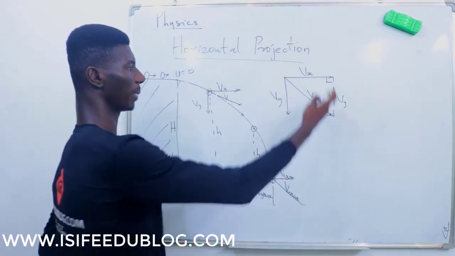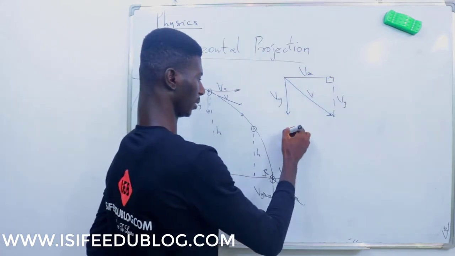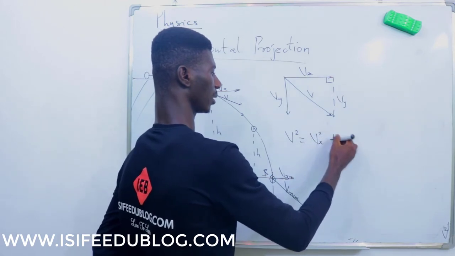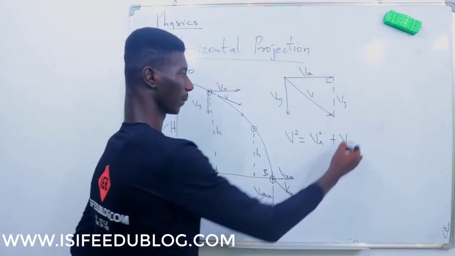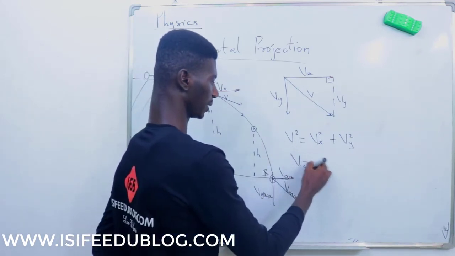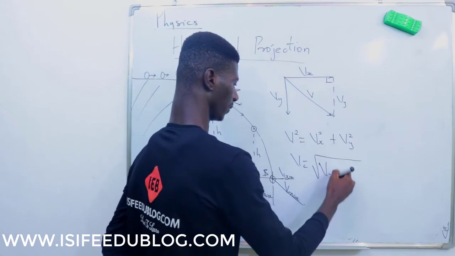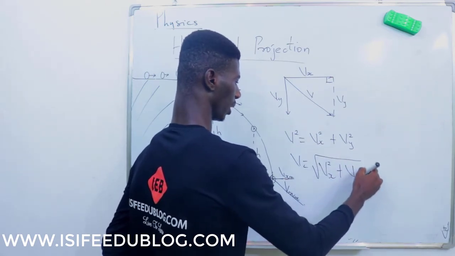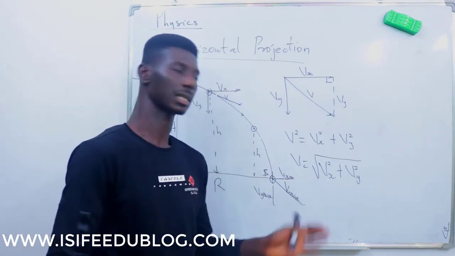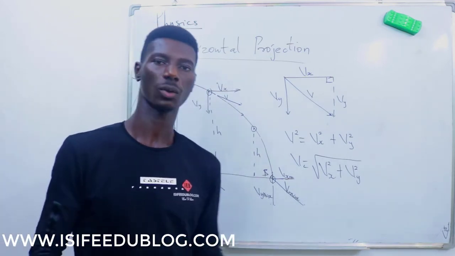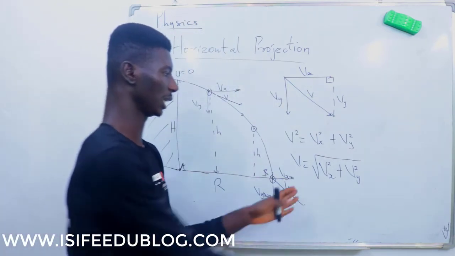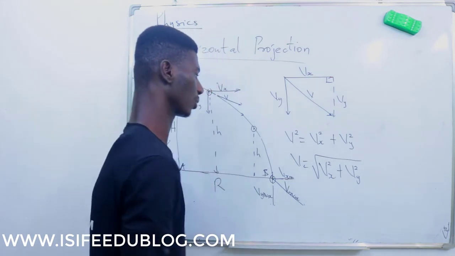So by Pythagoras theorem, V squared is equal to Vx squared plus Vy squared. Therefore, V is simply the square root of Vx squared plus Vy squared. So we already know what Vx is. Vx is equal to u, while Vy is equal to gt, or the square root of 2gh. You just get them separately, input them here, you get your answer. So this is the formula.